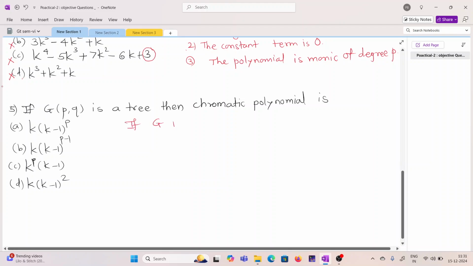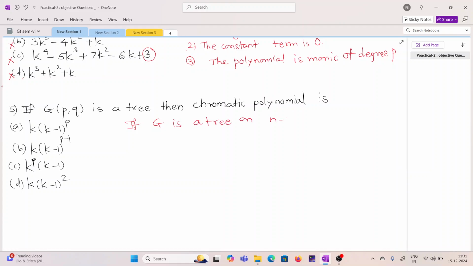If G is a tree on n vertices, then the chromatic polynomial of G is k into k minus 1 raised to n minus 1.